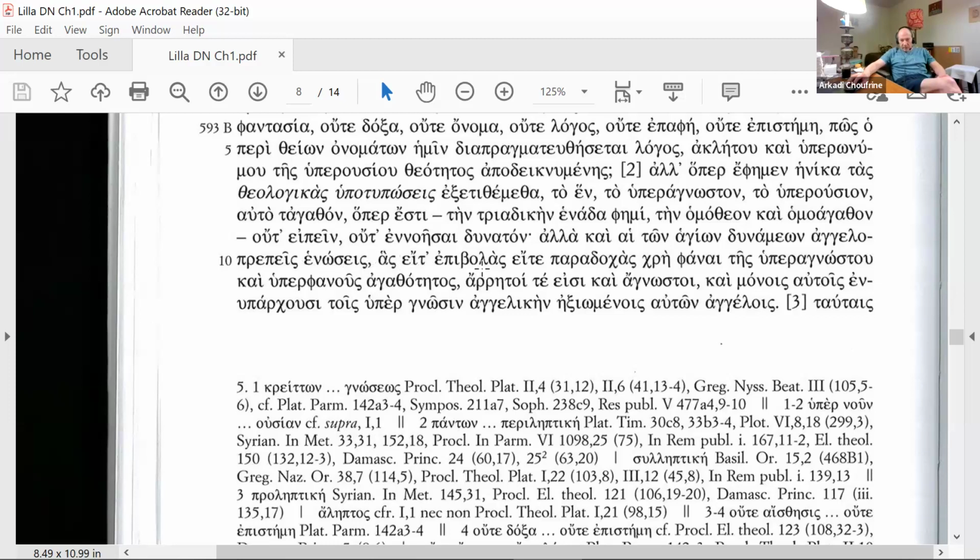Enosis as the outshooting, the reception of the hyperagnostu kai hyperphanous agathotitos. So basically, this is a double signification of this genitive, tis hyperagnostu agathotitos kai hyperagnostu kai hyperphanous.